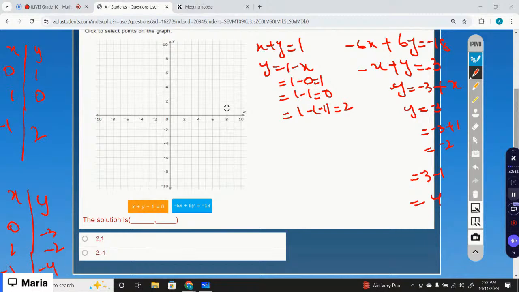Let's see which is the solution. One thing, you can see the tables. You have this value common. x is negative 1. No, we need to plot the graph, right?